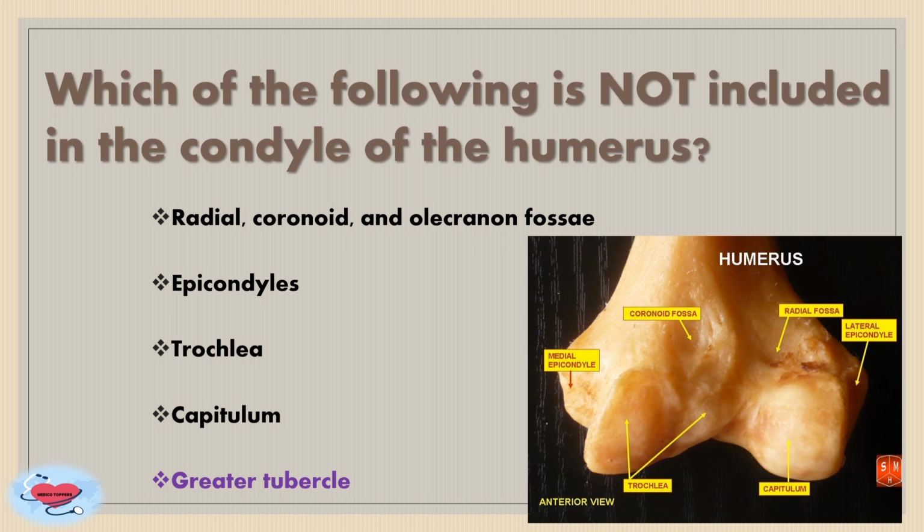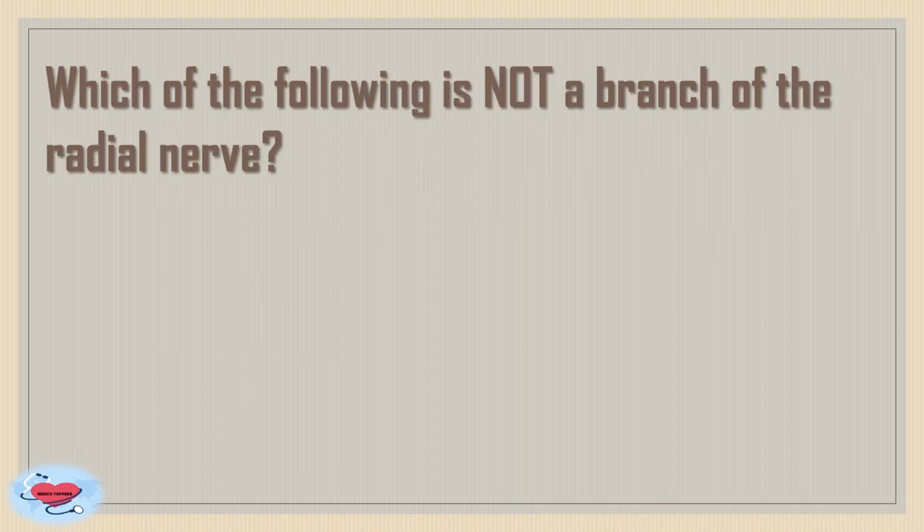So, here we don't have greater tubercle. So, we should eliminate greater tubercle so that we can get the parts of condyle of the humerus. So option E is answer.